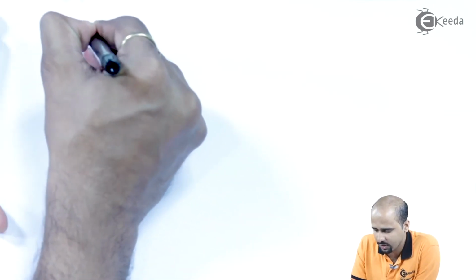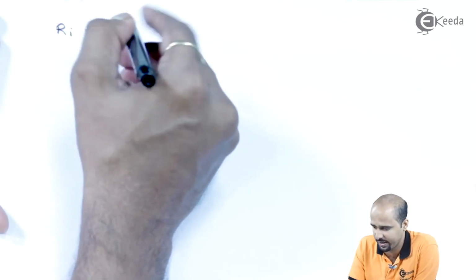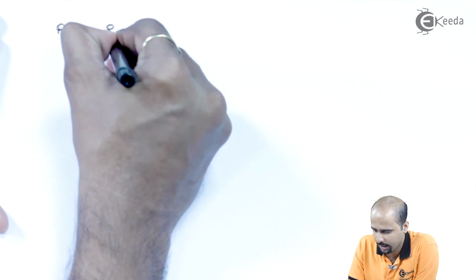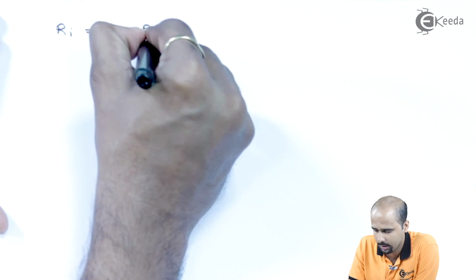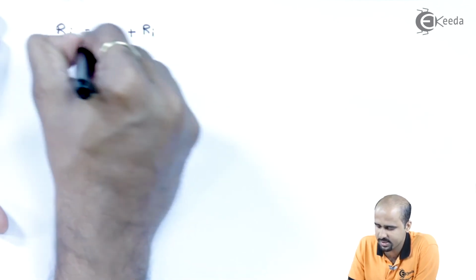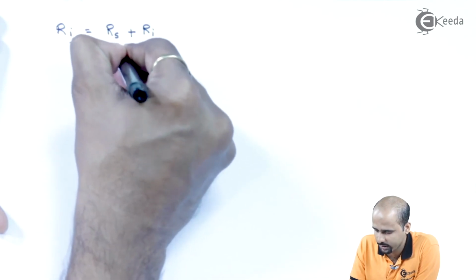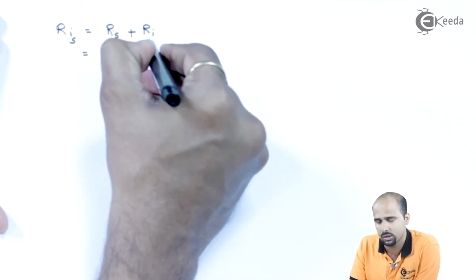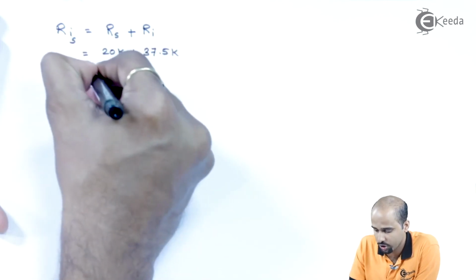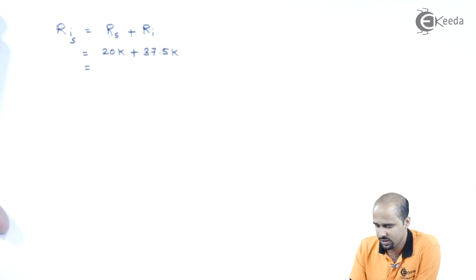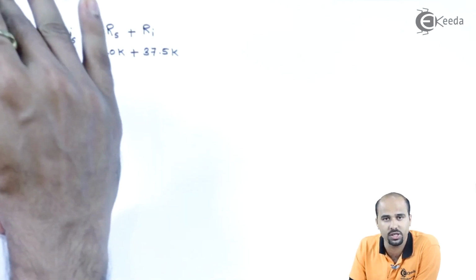We will proceed further for your value of input resistance, that is Ri. Obviously this Ri will become, with incorporation of 20k source resistance as well, Ris equal to Rs plus Ri. So it will become 20k plus whatever value we have got, that is 37.5k. Here it is advantageous for us: if we are incorporating the 20k, then your input resistance increases.